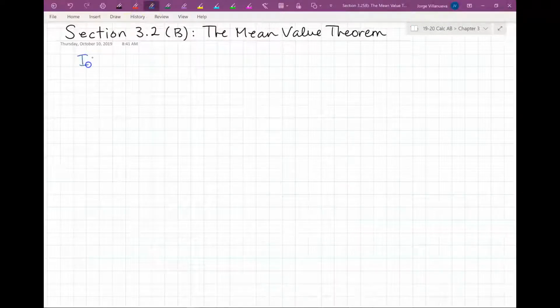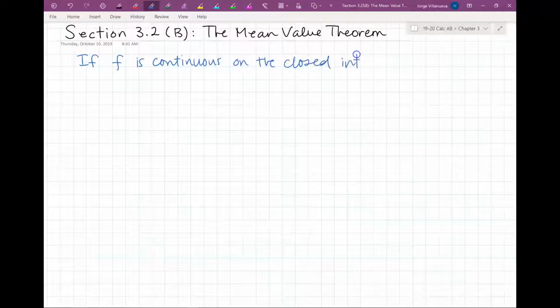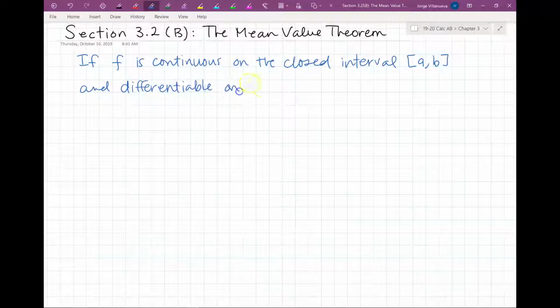It says if f is continuous on the closed interval, and they're going to say the interval is a closed interval a to b, and differentiable on the open interval a to b, then there exists a number c.